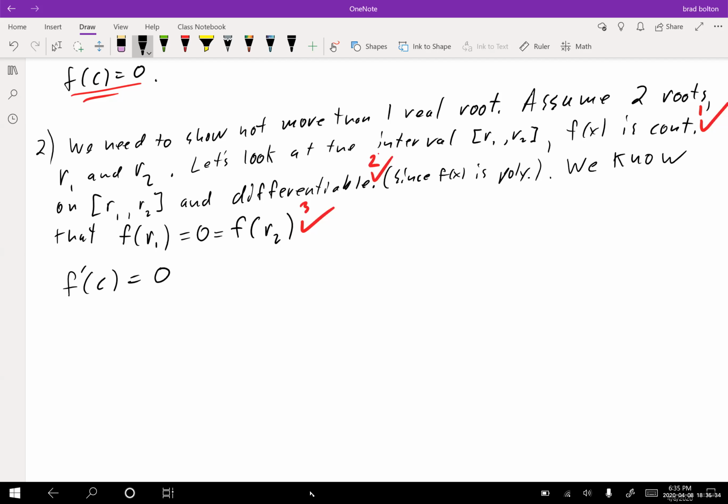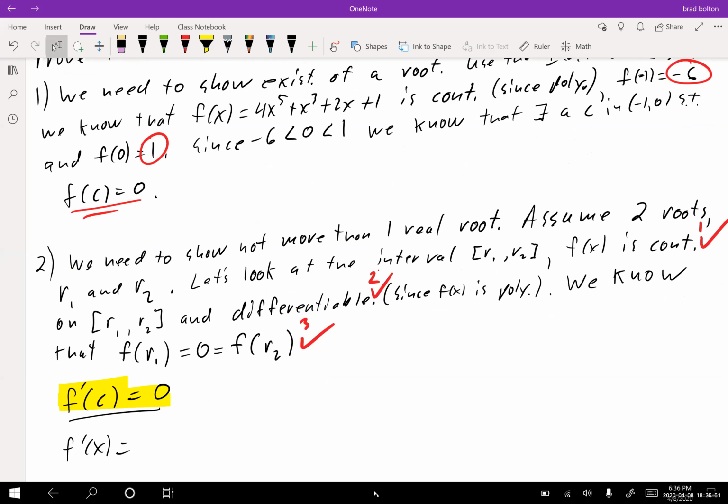So what I'm going to do is find f prime of x. This is what we were promised. We're promised this truth. F prime of x is equal to, let's take the derivative, 20x to the 4th plus 3x squared plus 2.